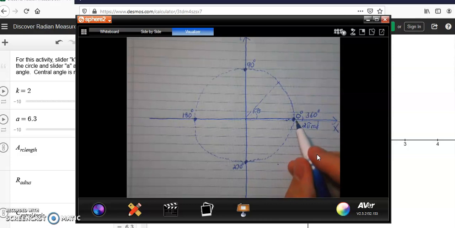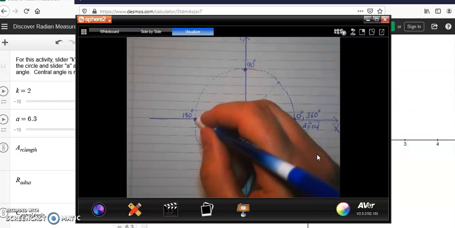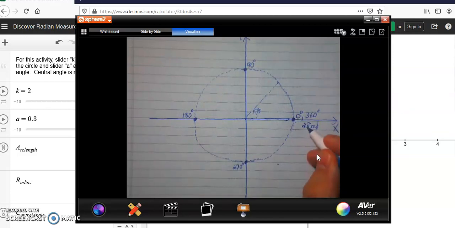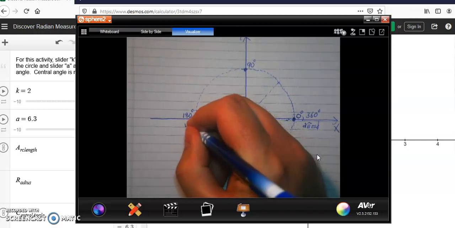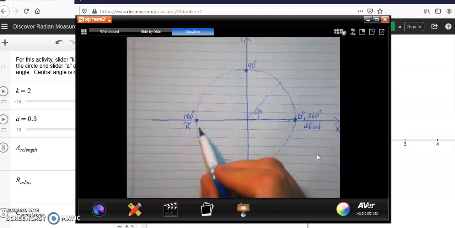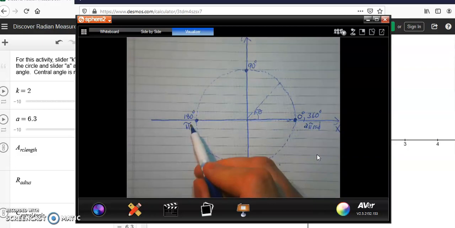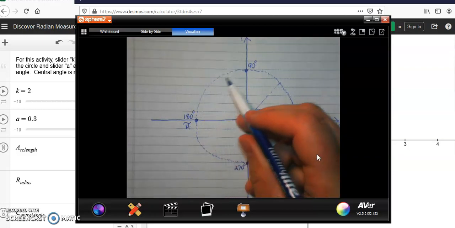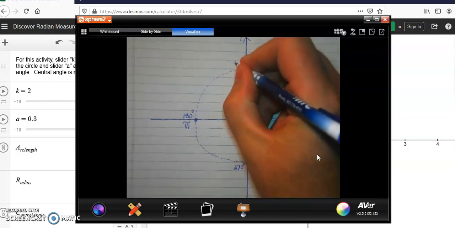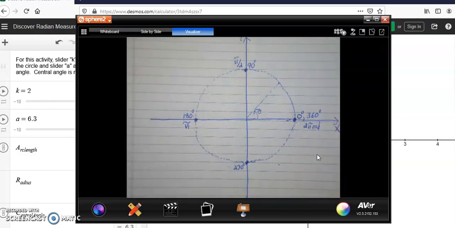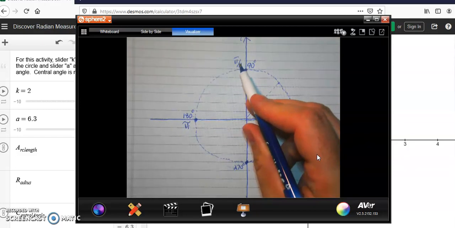If we go half that, so from 0 to 180 degrees, that's half of 2 pi. Well, half of 2 pi is 1 pi. So 180 degrees is in the same location as pi radians. If we do half of that, that'd be half pi, which is pi over 2. So 90 degrees would be pi over 2 radians.